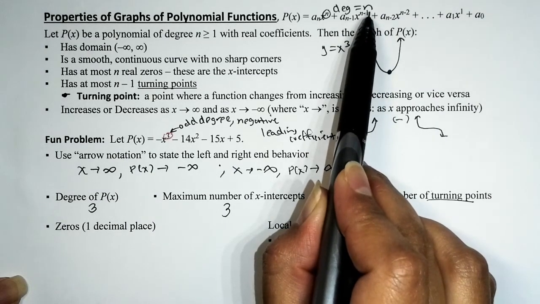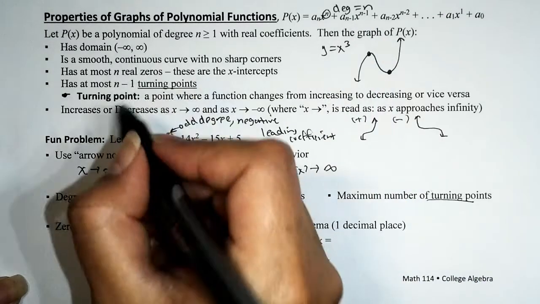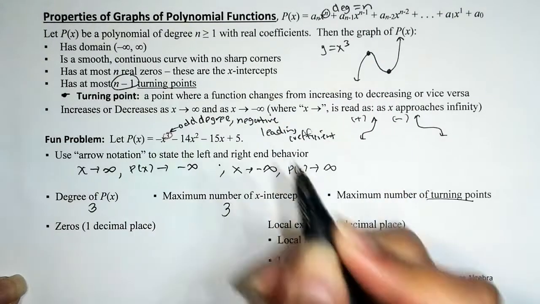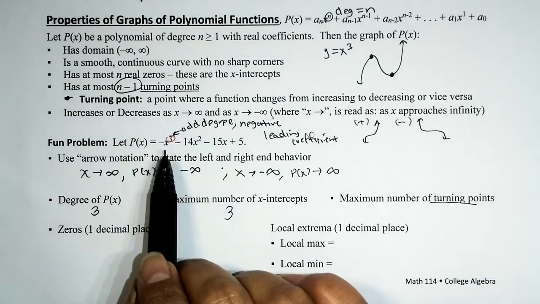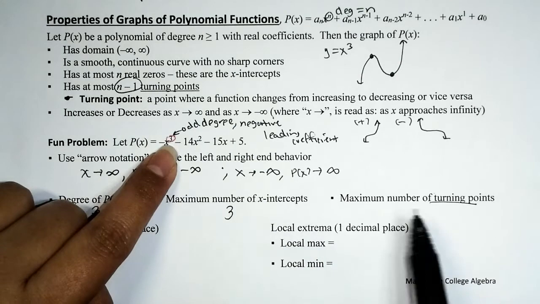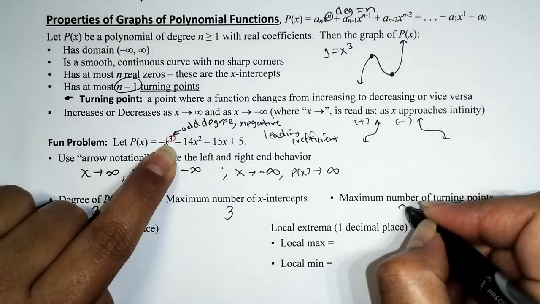So we're going to take n and then subtract 1 from it. So this is why it has at most n minus 1 turning points. So check it out. Let's go ahead and look at our function. The degree is 3. What's the maximum number of turning points? Well, it should be 1 less than the degree. So in this case, it's 2.